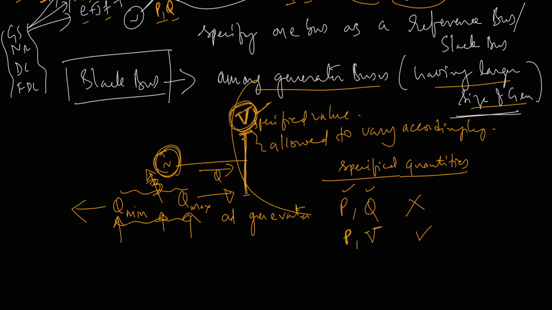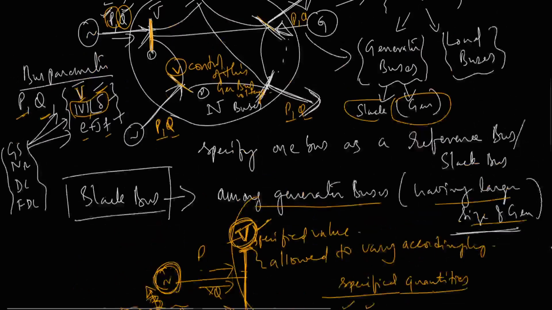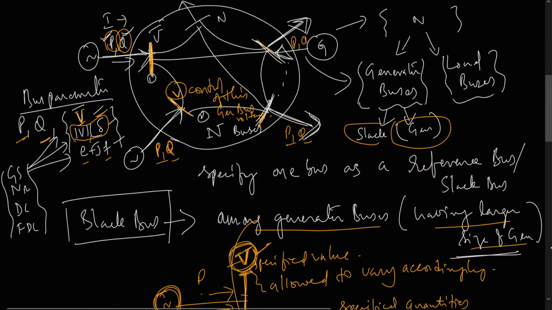So that is why Q is not specified. It is variable between Q minimum and Q maximum, but V is fixed and P is fixed. Generator buses are also called controlled buses. You have to remember all these.